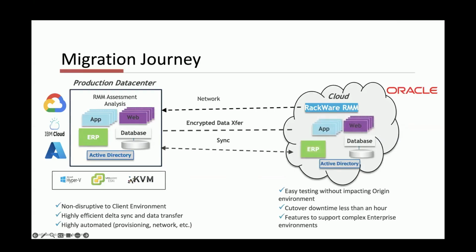So now let's take a look at how the actual migration happens when you are using RMM for the lift and shift use cases. Now, the left-hand side here represents your current production. So these can be virtual machines running on any hypervisor on-premise, or virtual machines running on top of any cloud provider, or these can even be physical servers.